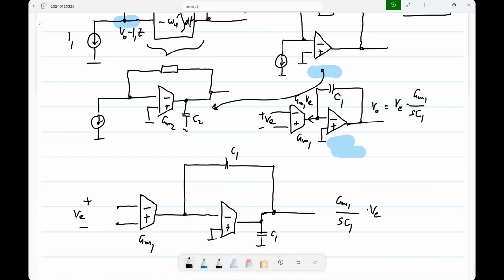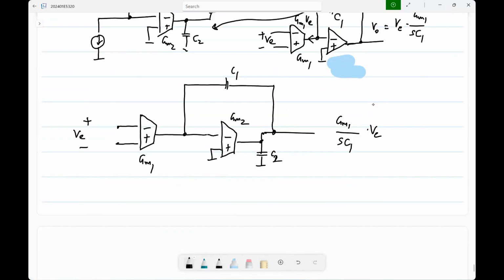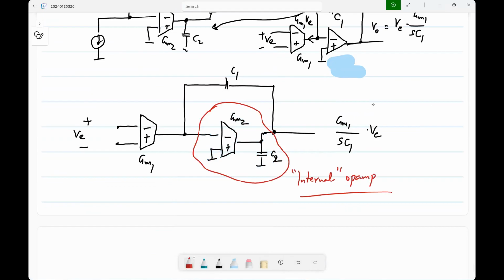I'll just put some capacitance. Again, it may be deliberately placed, or it could be the load, or it could be the parasitic of the stage. Okay. So this is my internal opamp. Okay.